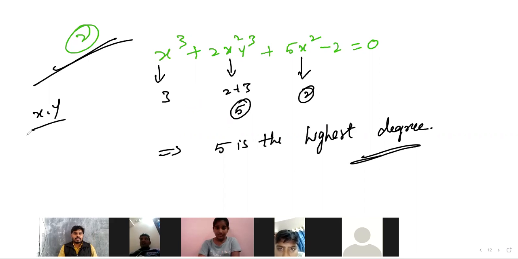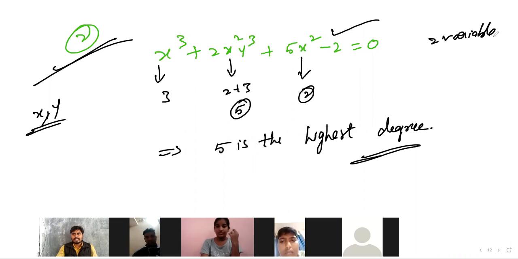X and y, right? So only two variables. If x is present, only x is there. How many times it occurs, we do not consider the times. Just we think about how many variables there are. So here x is there, and y is also there. So we have 2 variables. Then what is the degree?